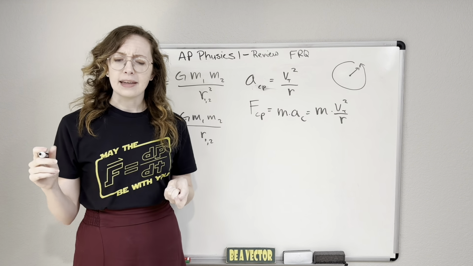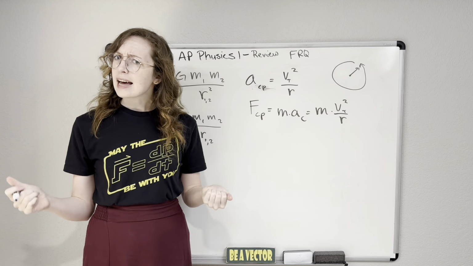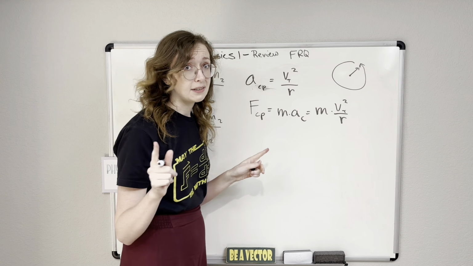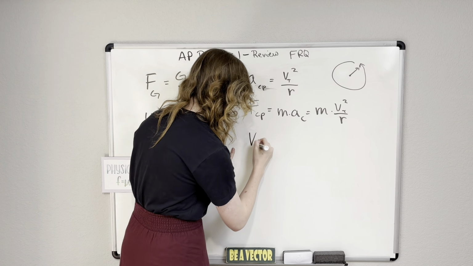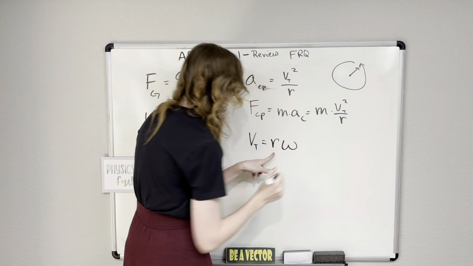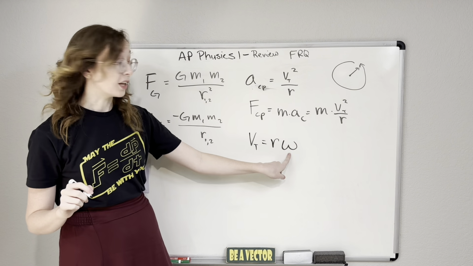A couple of other things. I'm talking here about tangential velocity, but what is that and how is it related to angular velocity? Thankfully, this one isn't too bad and it's on your equation sheet, which is just that I can calculate the tangential velocity of an object by multiplying the radius of my path times my angular velocity.